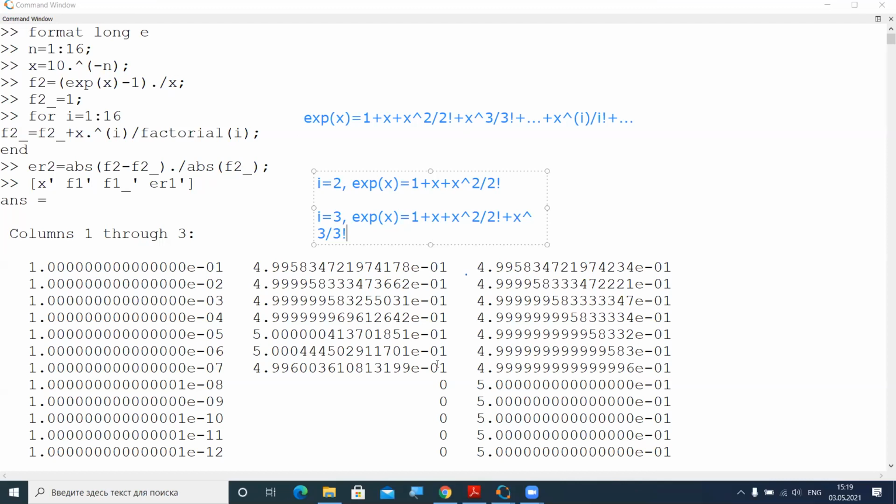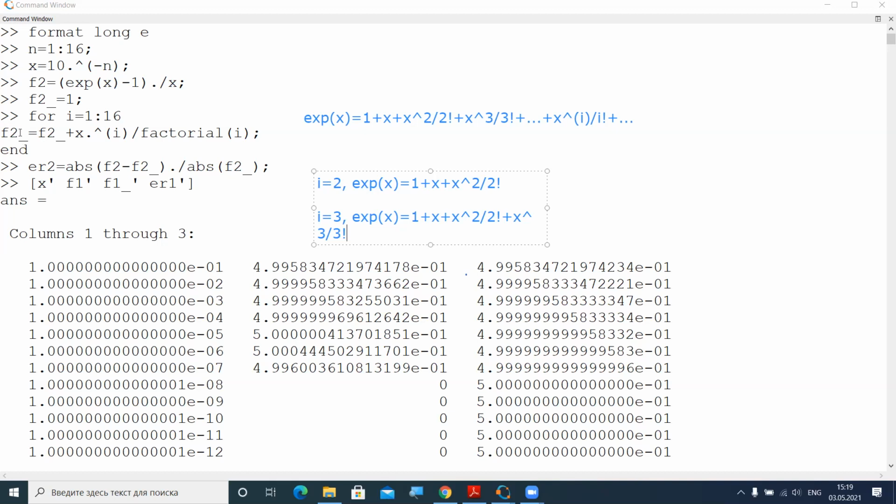So that's what we have here. This is just finding e to the power of x this way.